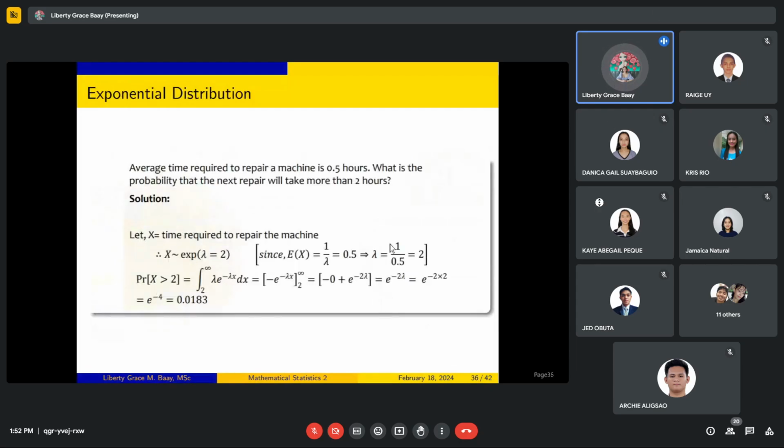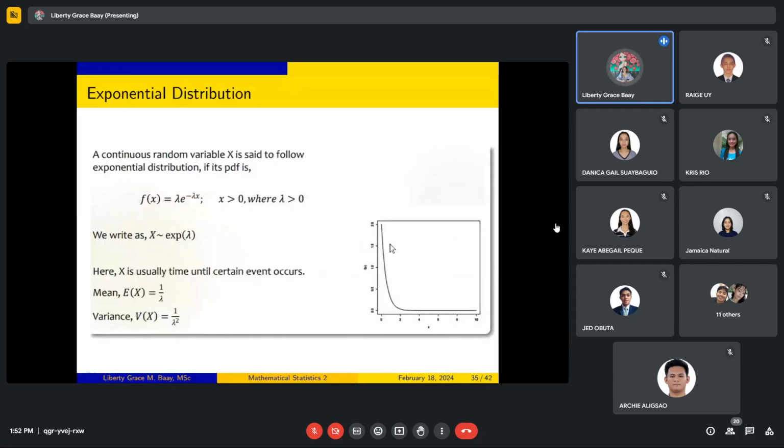Okay, so next we have the exponential distribution. So it is also a continuous probability distribution. So exponential distribution is a type of continuous probability distribution. So a continuous random variable x is said to follow exponential distribution if its PDF is given by this one. So f of x is equal to lambda e to the negative lambda times x.